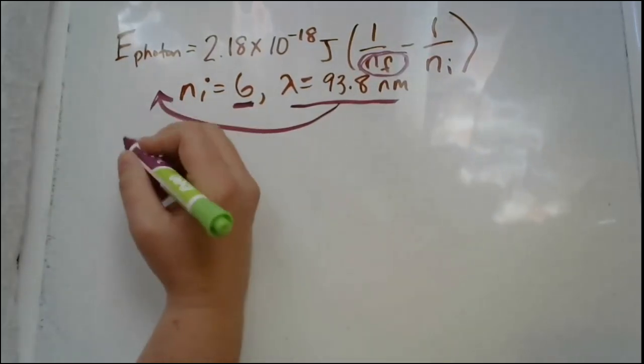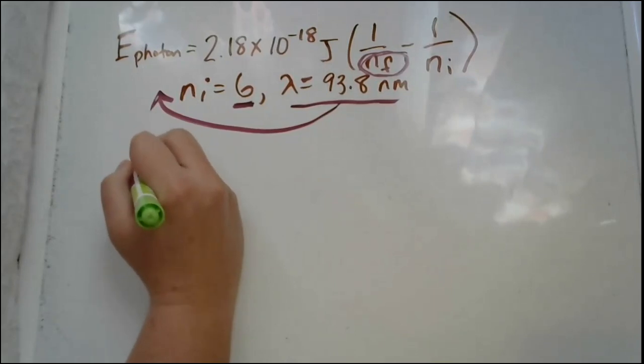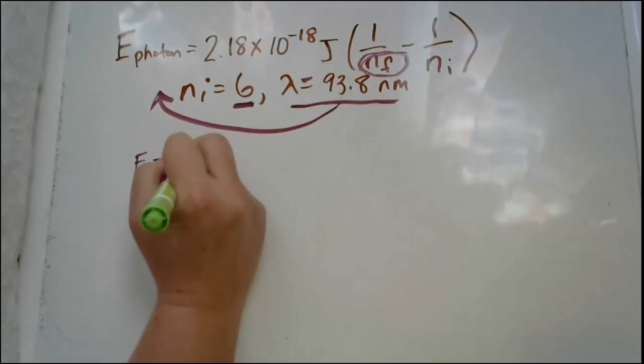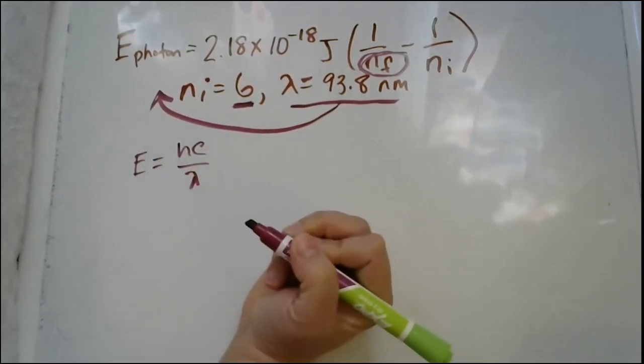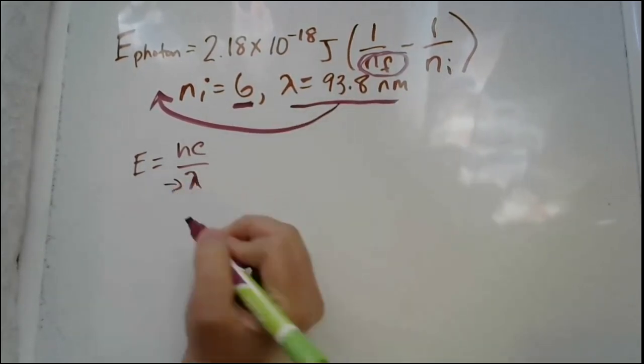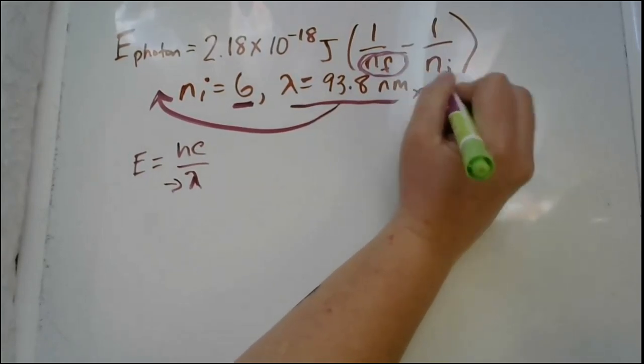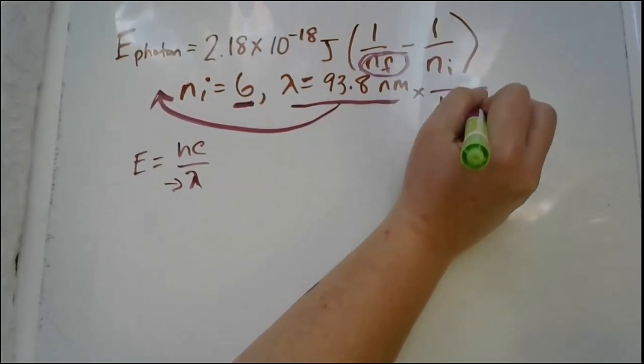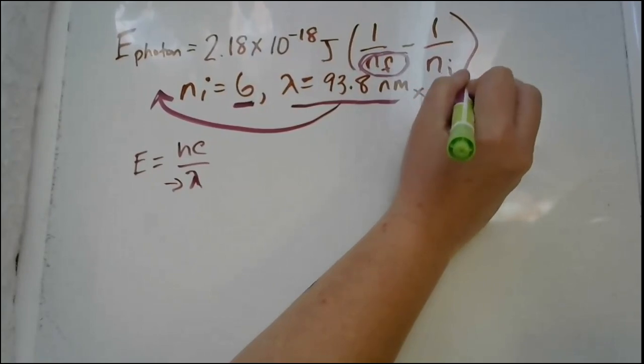But we need to do an energy calculation first. This has to be in terms of meters for us to use it down here. So let's do a little conversion. There's 10 to the 9 nanometers in 1 meter.